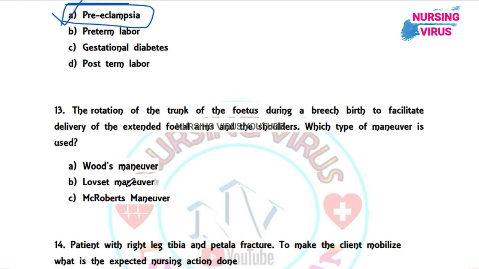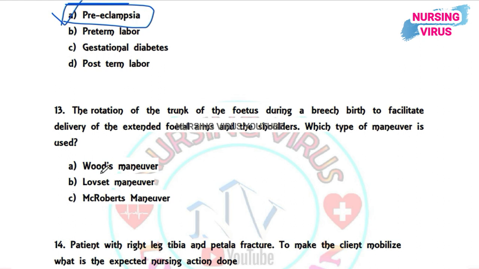The next one, the rotation of the trunk of the fetus during a breech birth to facilitate the delivery of the extended fetal arms and the shoulder. Which type of maneuver is used, or what is the name of this maneuver? Wood's maneuver, Lowset maneuver and Roberts maneuver.